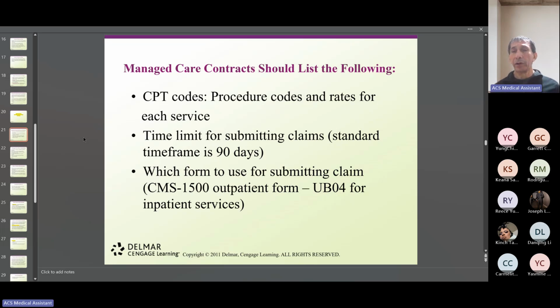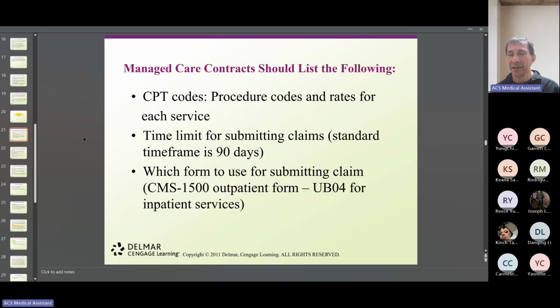So again, there are two major important forms. CMS 1500. CMS is from the Centers for Medicare and Medicaid Services. That's what CMS stands for, because they are the ones who created these forms.